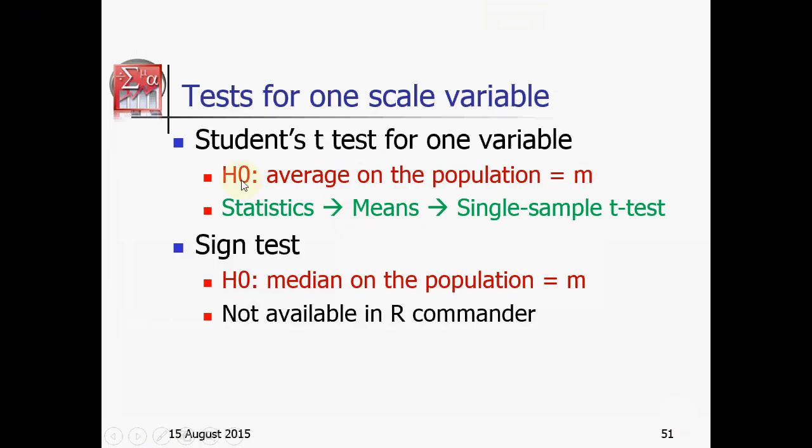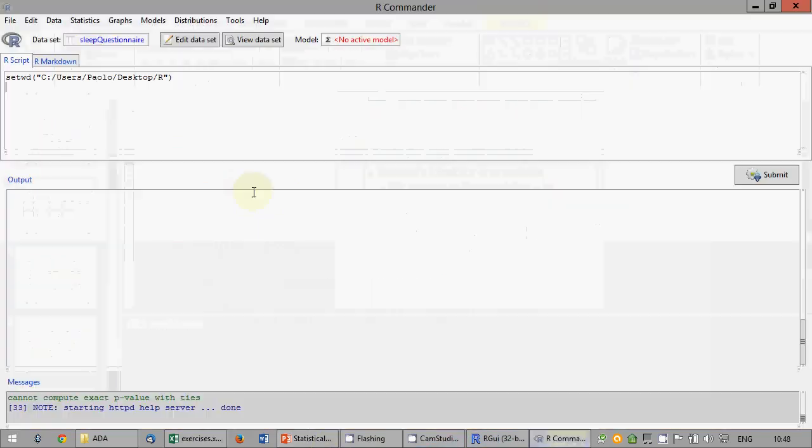The H0 hypothesis is that the average on the population be equal to a certain value m that you decide. So let's take as an example the usual age. I don't remember which was the average age of our sample. Let's say that we make the hypothesis that on the population the average age is 40.